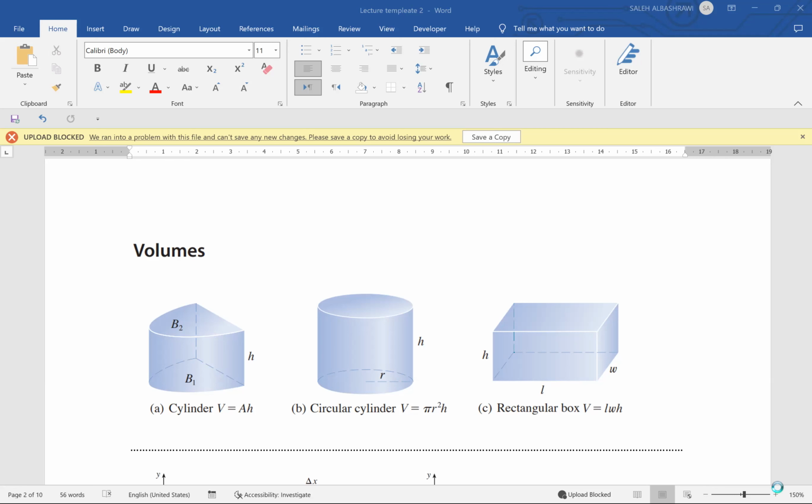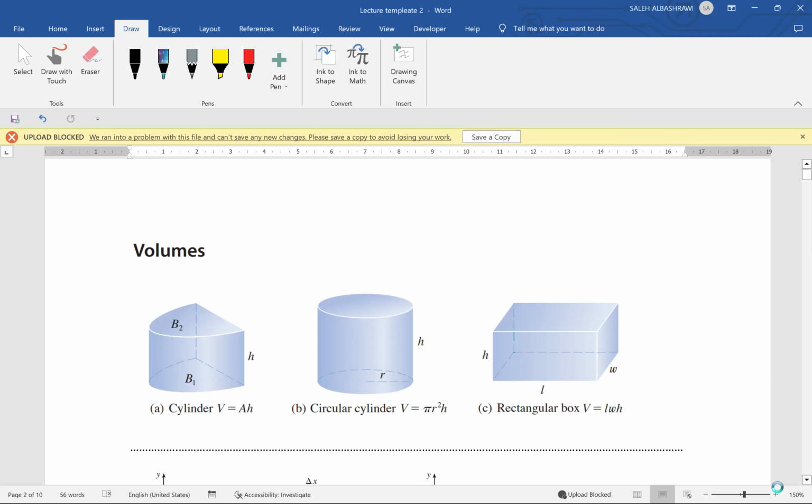If we speak about regular solids, for example, if I have a cylinder, we know that the volume is equal to A multiplied by H, where A is the area of the base 1 or base 2. So it is A multiplied by H, the area of the base multiplied by the height of the cylinder. If we have a circular cylinder, for example, then V is equal to pi R squared h, because the base is a circle.